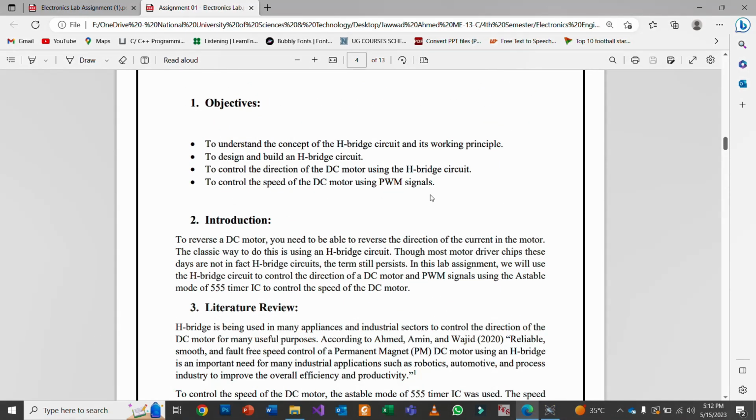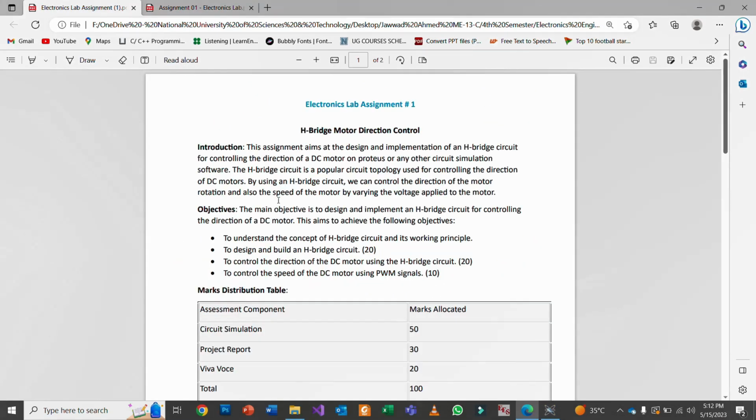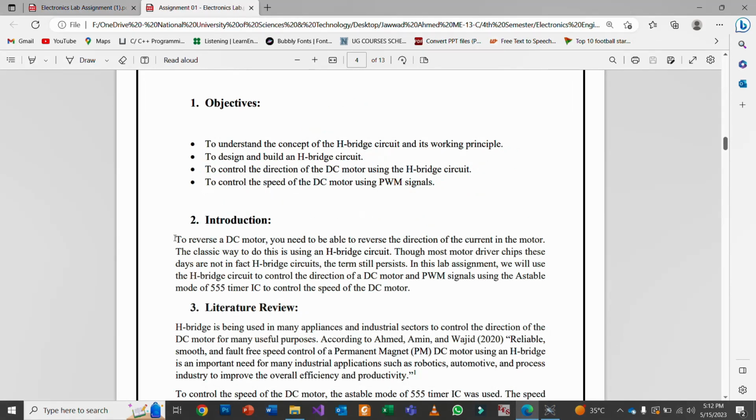The objectives are the same as mentioned in the assignment, and then we have an introduction. H-bridge circuits are used in many applications where we have to control the direction of a motor. We controlled the direction of the motor using an H-bridge circuit, and the speed of the motor was controlled using a 555 timer IC in astable mode.